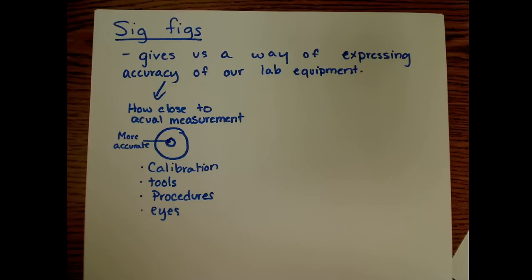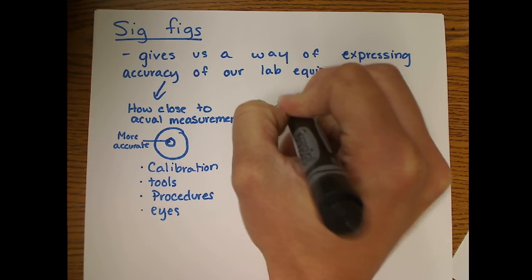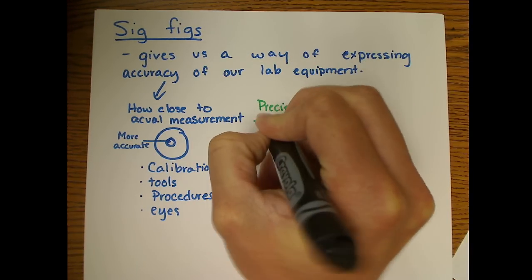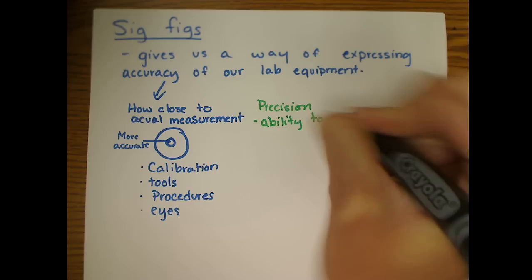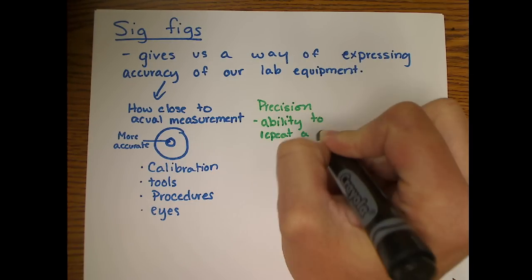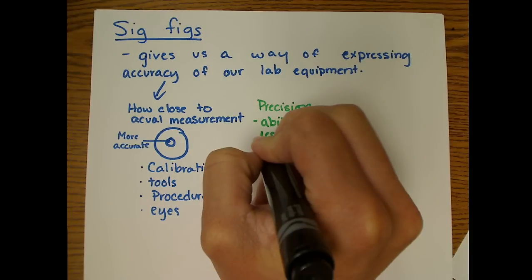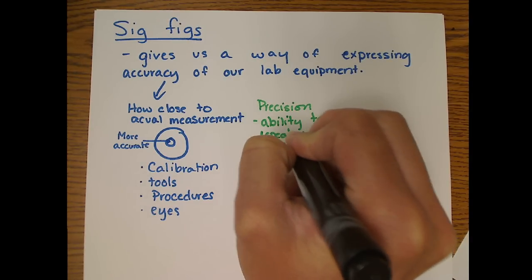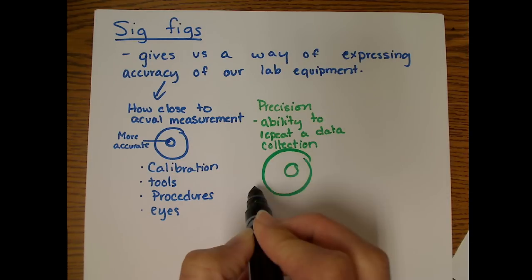The other thing is precision. Now, precision is the ability to repeat a piece of data collection. So, for example, let's say I shoot one arrow and it lands here.